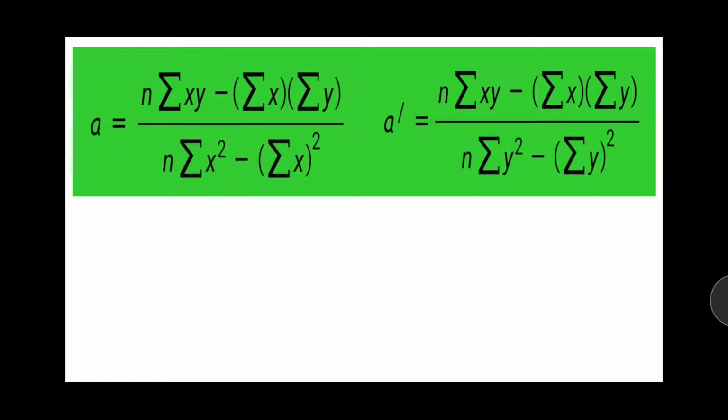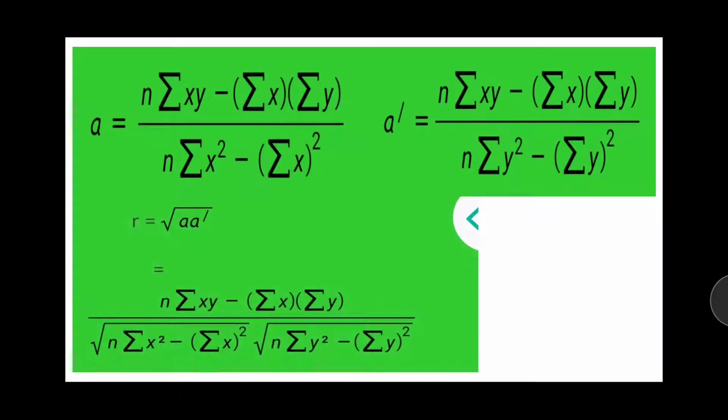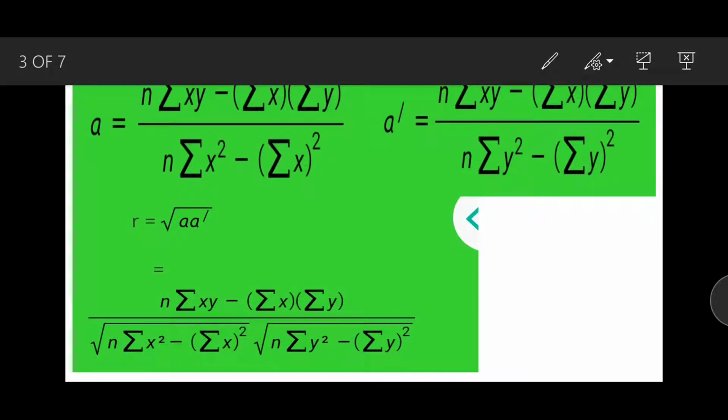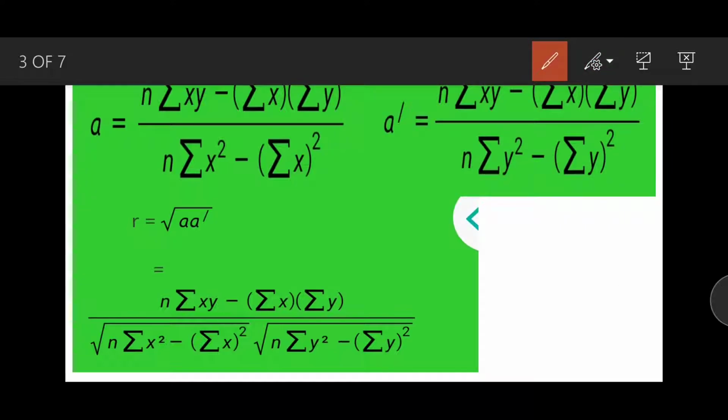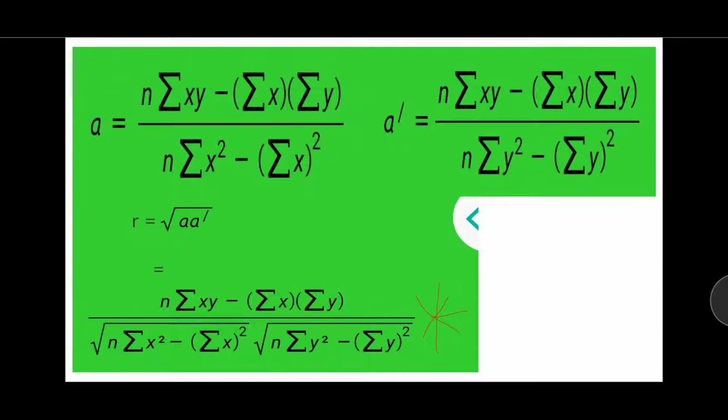So when we substitute both formulas in that R, we're going to have this, and what we have on the screen right away becomes the formula for the coefficient of correlation. Good. Now let's see an example very quickly.